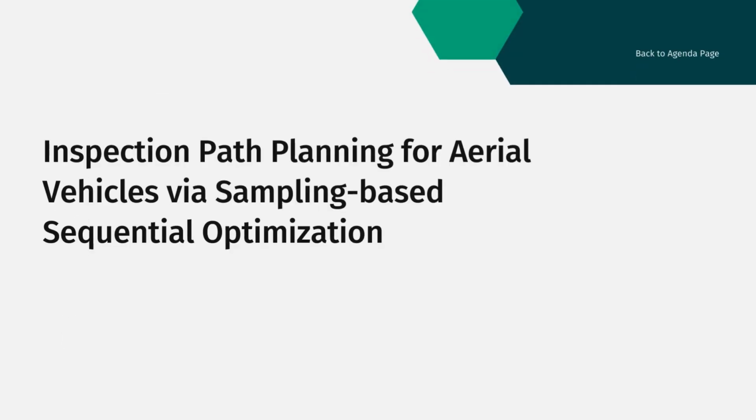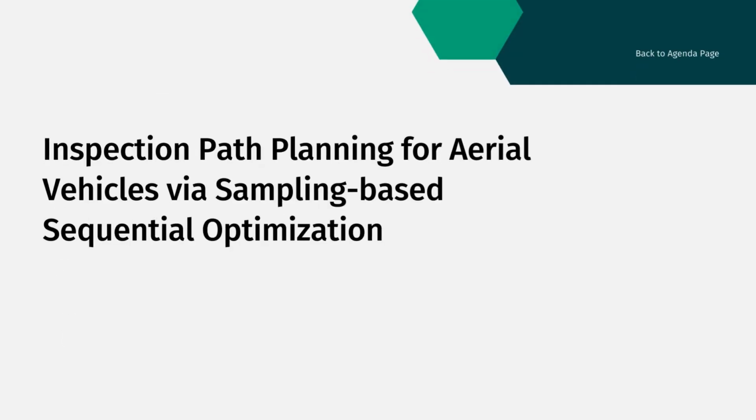The second paper is about aerial vehicles via sampling-based sequential optimization. It is mainly about heuristic path planning. The author spent a lot of time in the paper analyzing how they designed the algorithm for path planning and how to make it heuristic.